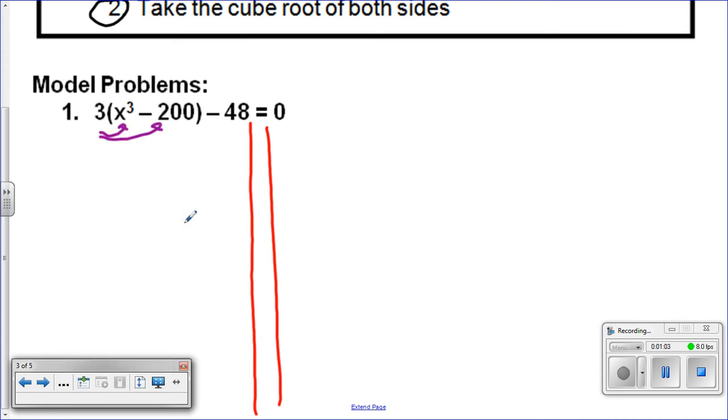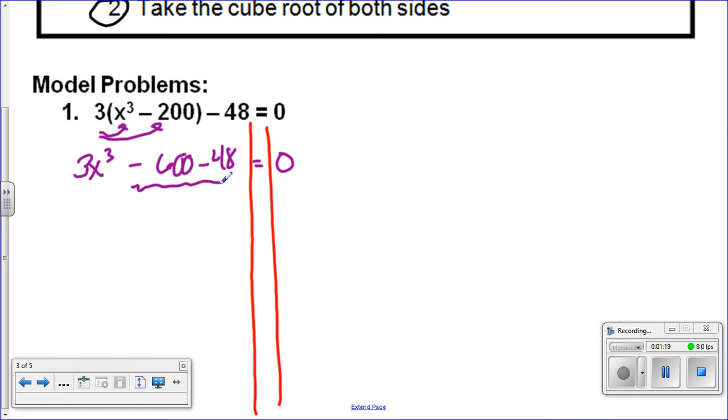We'll distribute, so that gives us 3x to the third power minus 600 minus 48 equals 0. It looks like we can combine our like terms here. So 3x to the third power minus 648 equals 0.